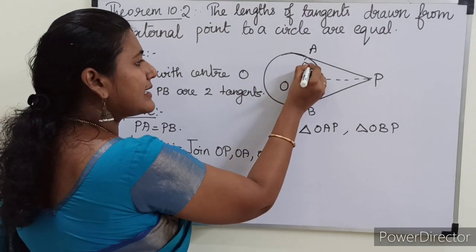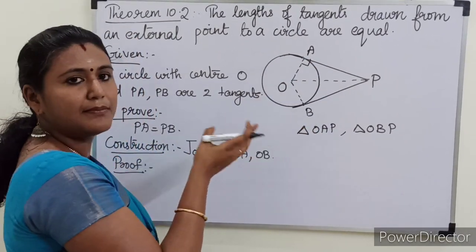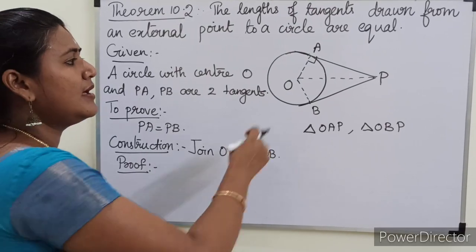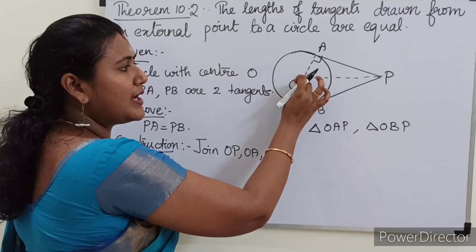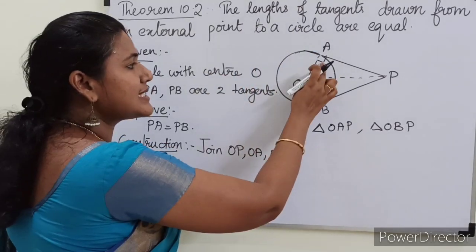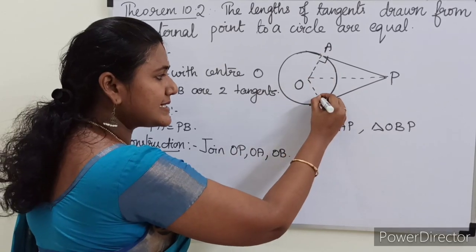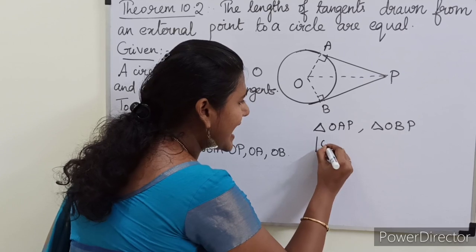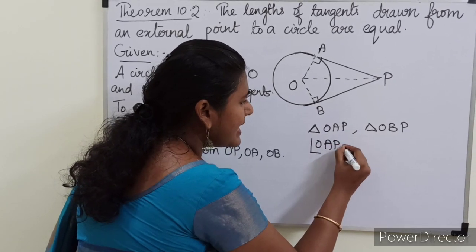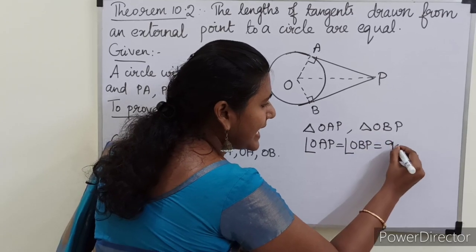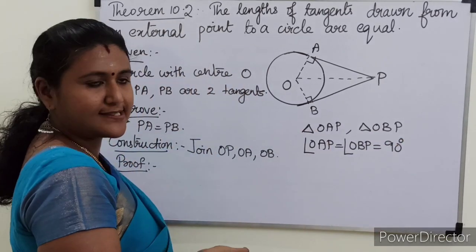Here this angle is 90 degrees because we have already seen in the previous theorem that the tangent is perpendicular to the radius through the point of contact. Similarly this angle is also 90 degrees. So angle OAP is equal to angle OBP is equal to 90 degrees by the previous theorem.